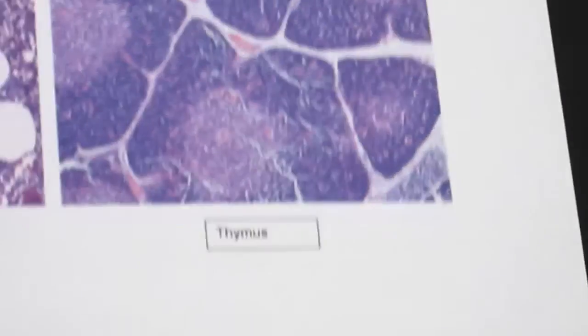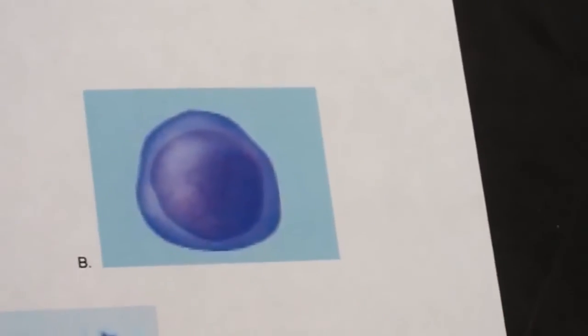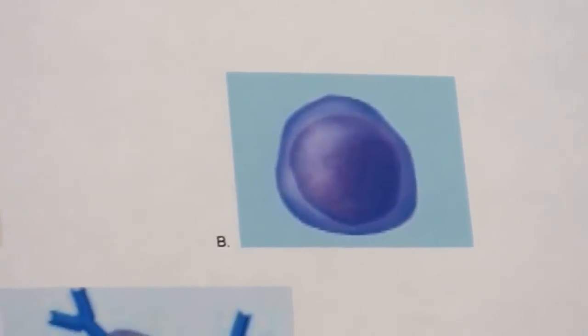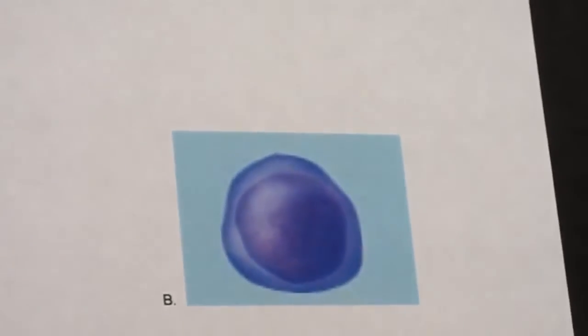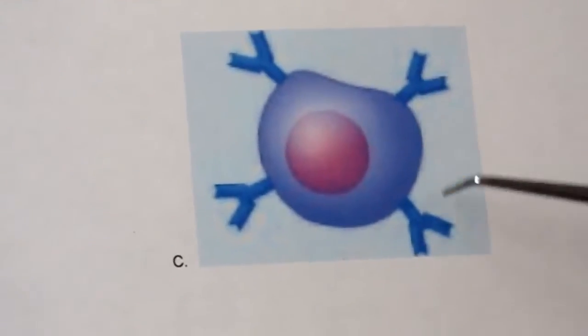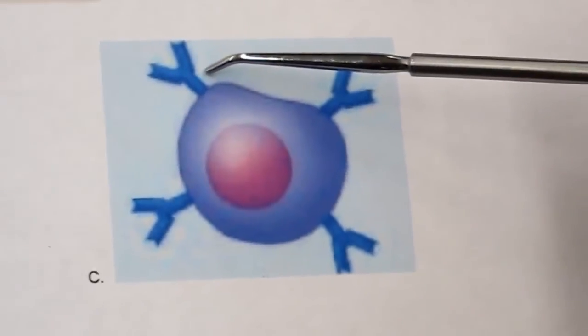So when our lymphocytes are initially formed in the red bone marrow, they're not going to have any surface receptors. When they go to their primary lymphoid organ, the bone marrow or the thymus, that's where they develop their receptor. The B cell receptor is a bound antibody. That's why it has this Y shape.